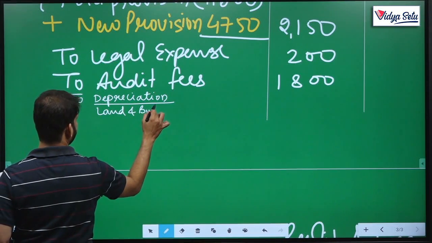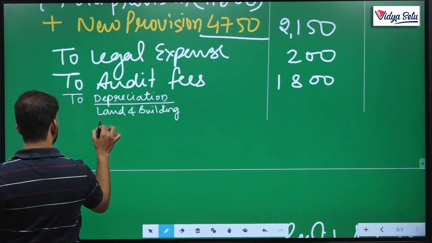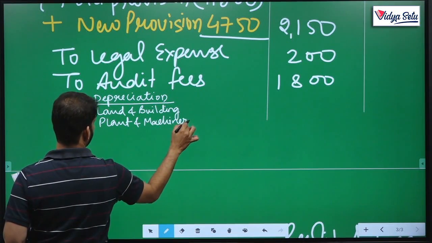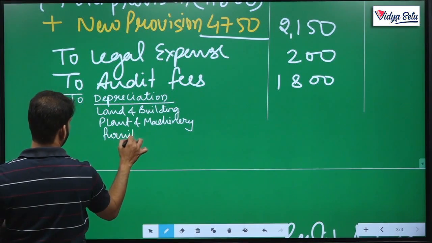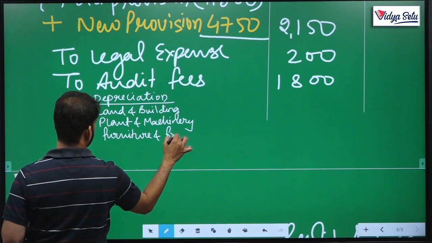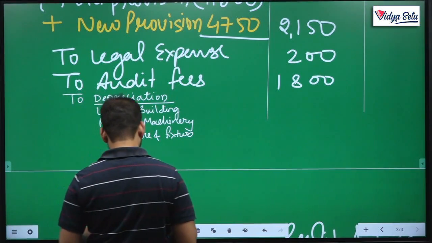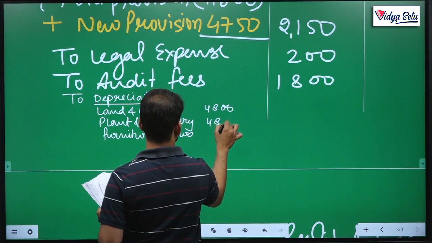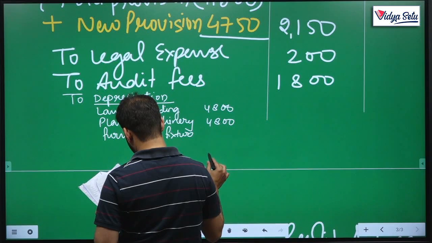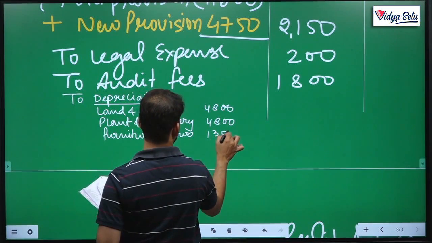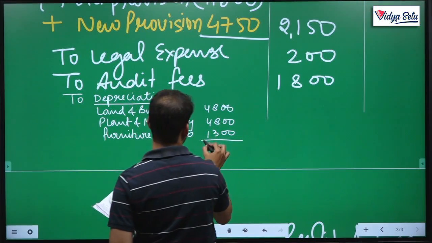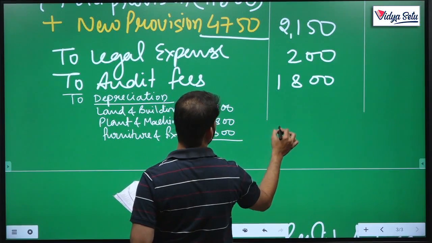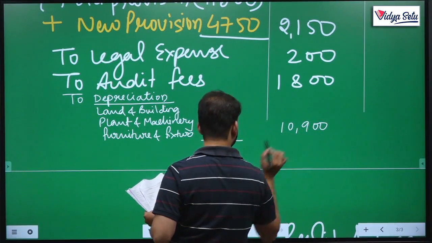Depreciation: land and building, plant and machinery, furniture and fixture. So the amounts are 4,800, 4,800 and 1,300, right? So 9,000 plus 1600, 10,600, 10,900.